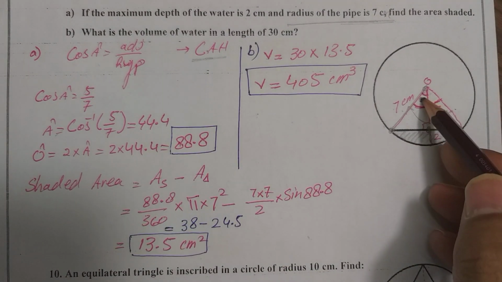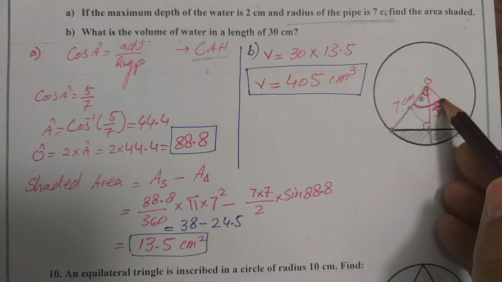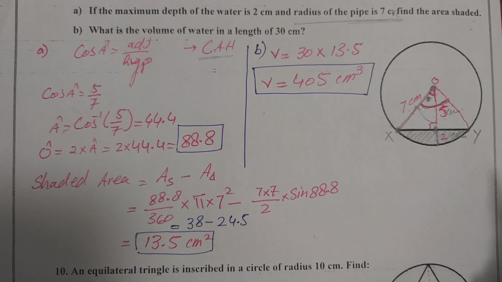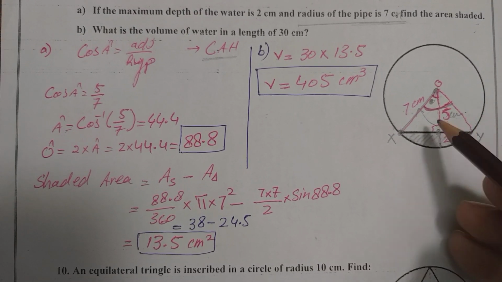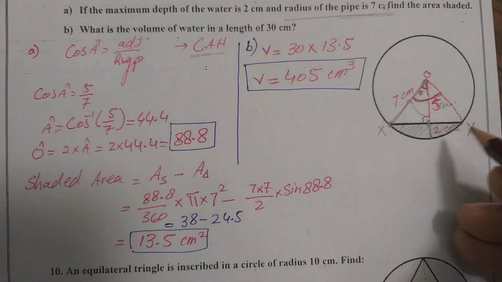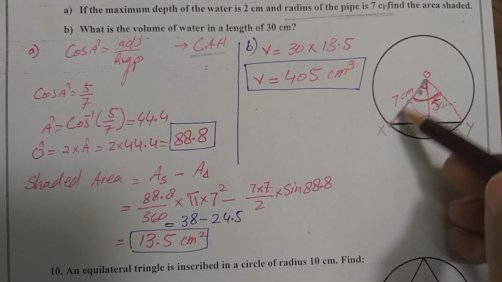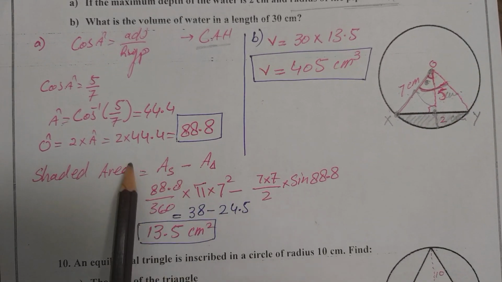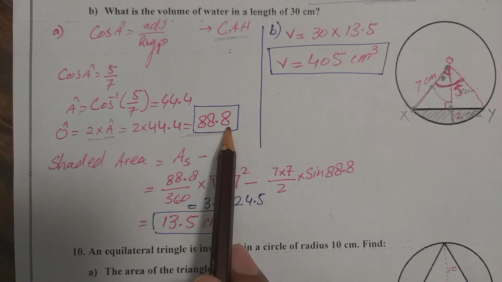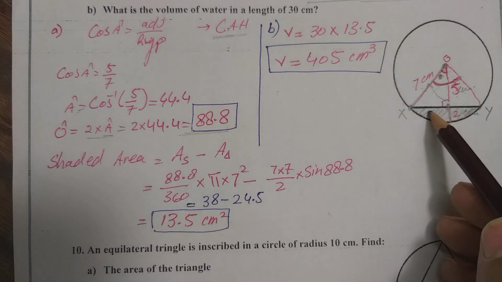This is the angle, but I need the complete angle for this triangle. For example, if this is x and this is y, as we did in the example on the first page of this worksheet, so this is x, the complete angle multiplied by 2, you find the complete angle, which is 88.8.